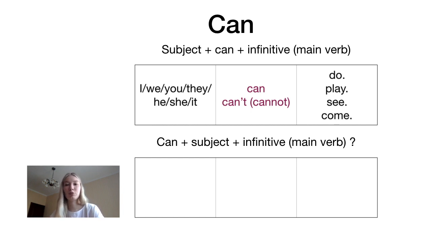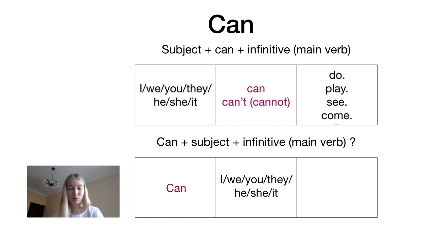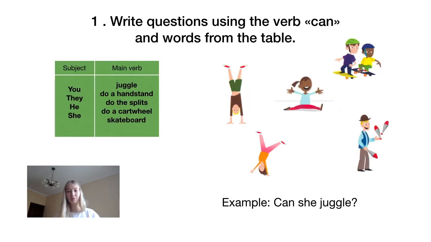Сейчас, пожалуйста, попробуйте догадаться, какой у нас будет с вами порядок слов в вопросительном предложении. А в вопросительном предложении у нас будет следующий с вами порядок слов. Can plus subject плюс подлежащее and plus infinitive or main verb. And don't forget about a question mark. И не забываем про вопросительный знак в конце предложения.